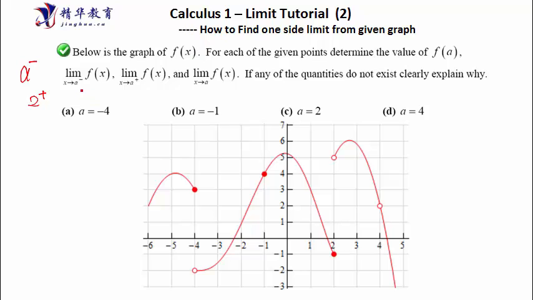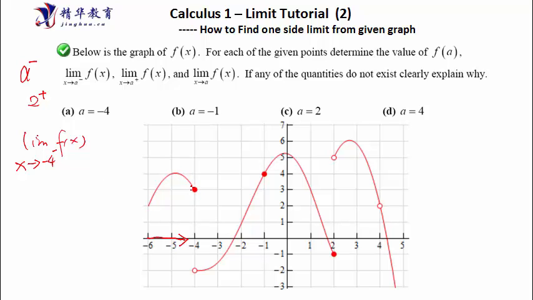So we're looking for the limit as x approaching -4 negative of f(x). So we have f(x) here, right? If x is approaching -4 from the left hand side, because it's a negative sign here, that means from here, going and then going down.